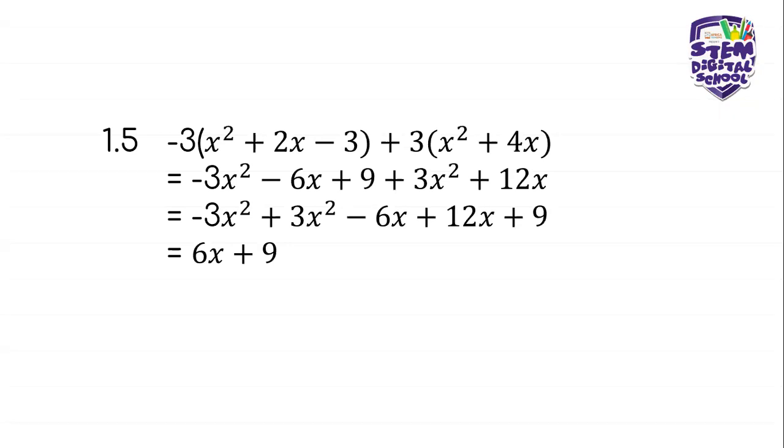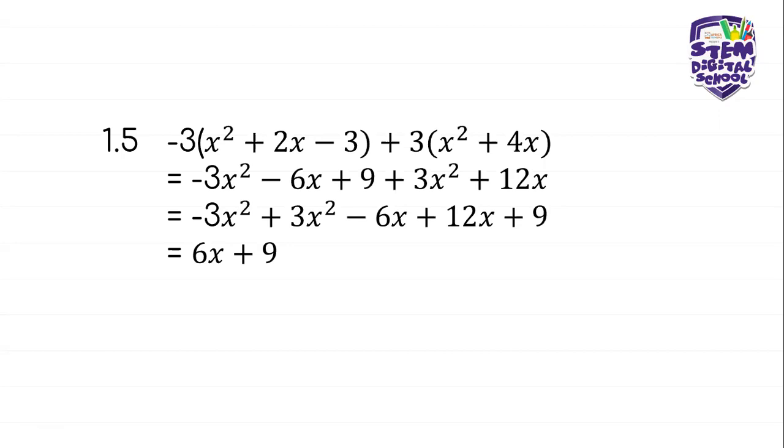At this point, you can collect the like terms. In the step just before the final answer, I have collected the like terms. I've grouped them together. The first one is negative 3x squared plus 3x. They can cancel out. Remember, negative and positive cancel each other if the terms are equal.